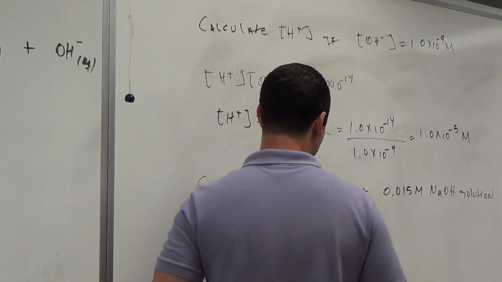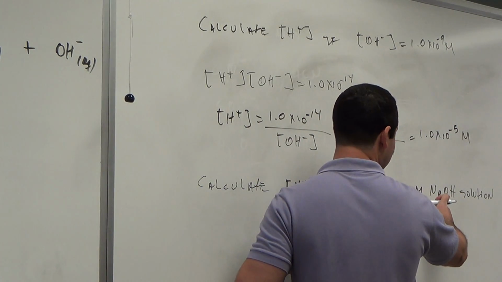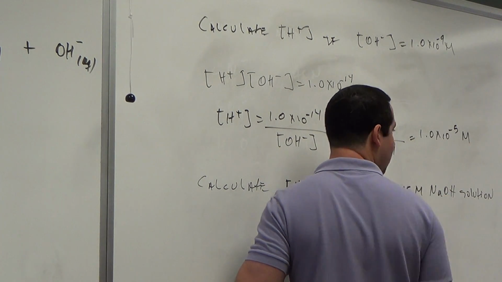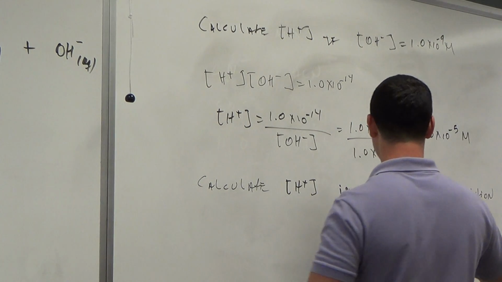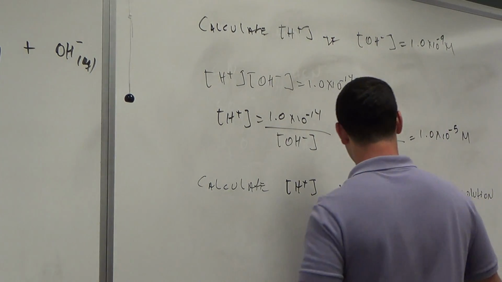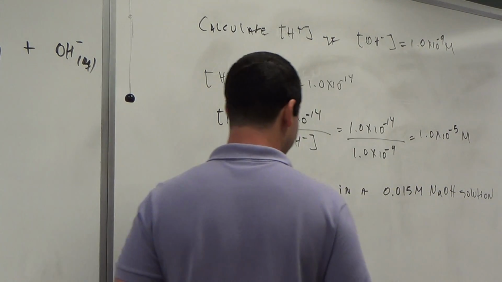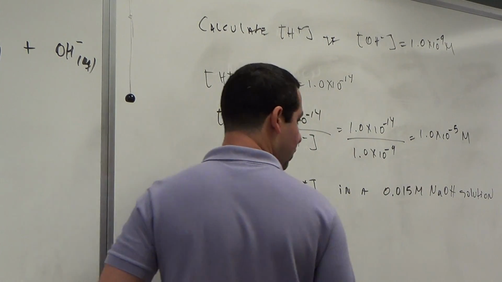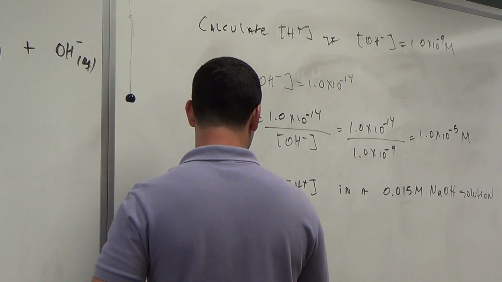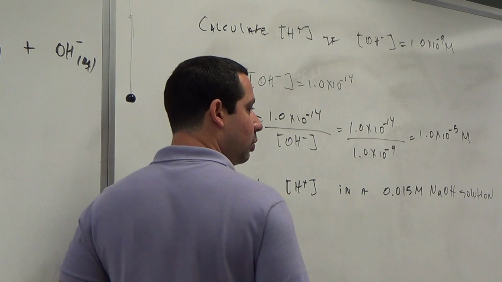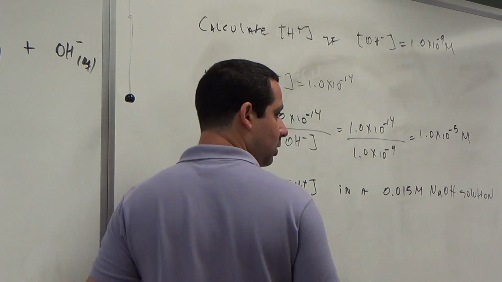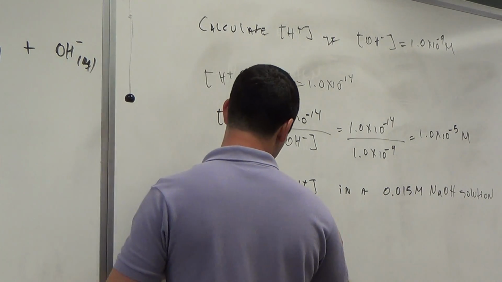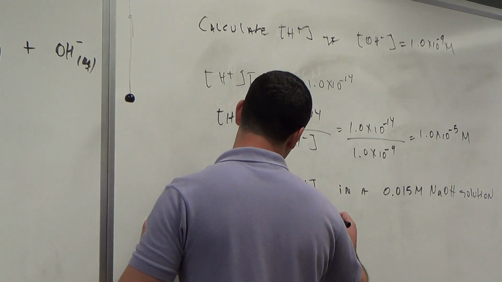Okay, so what do we have here, my friends? Sodium hydroxide, strong acid or strong base? Strong base. What that means is this is completely dissociated, ionized, okay? So when it breaks, like the van't Hoff factor thing, it's going to break into 0.015 molarity of Na plus and 0.015 molarity of OH minus.